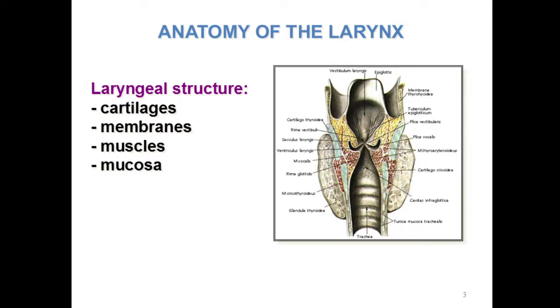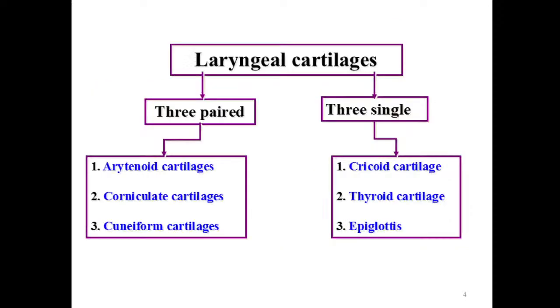A few words about the anatomy of the larynx just to remember. You know that the larynx is an organ consisting of cartilages, membranes, muscles, and mucosa. The framework of the larynx is the laryngeal cartilages, which are divided into paired and single.